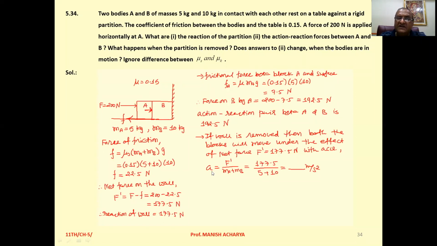So the acceleration with which both the blocks will move is net force upon total mass, that is 177.5 upon mass 5 plus 10. So with this much acceleration, both the blocks will move. Clear? Any doubt in this one?